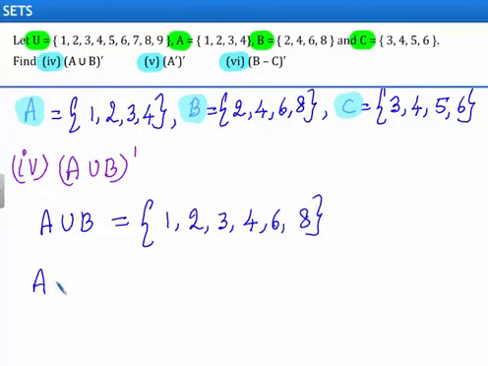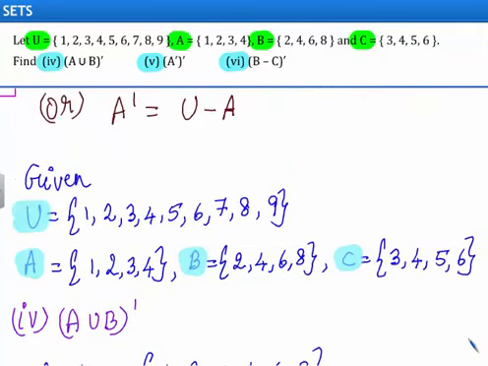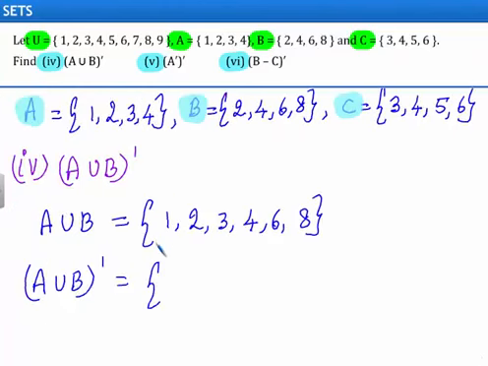Next we need to find A union B complement. This will be equal to set of all elements which belong to the universal set but it is not in the set A union B. They are 5, 7 and 9.